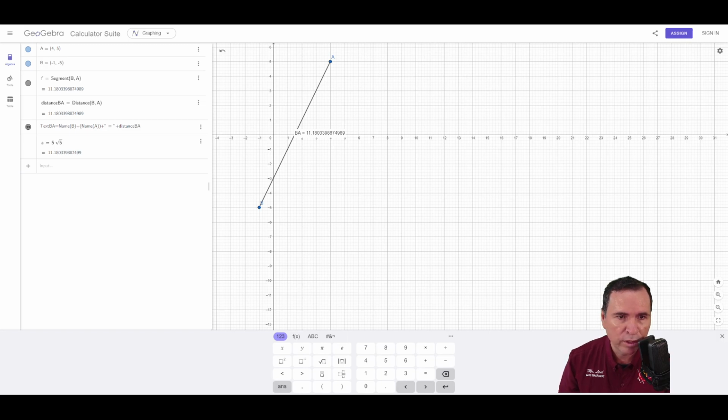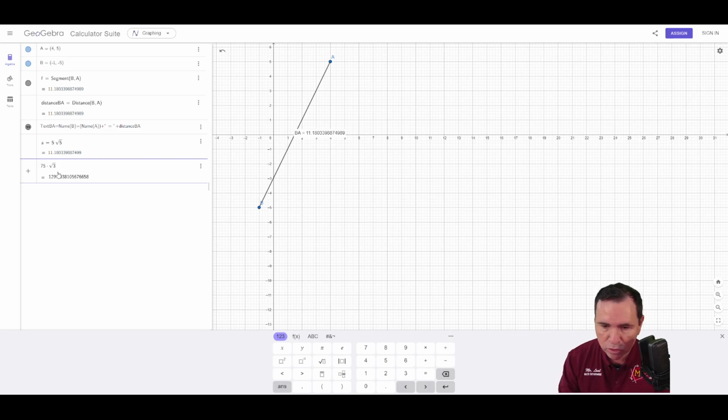Answer choice D is 75 square root of 3, okay? So if I were to type in 75 times SQRT, open parentheses of 3, notice how that's terribly different. The answer is 129.9. So that's not an answer, okay?